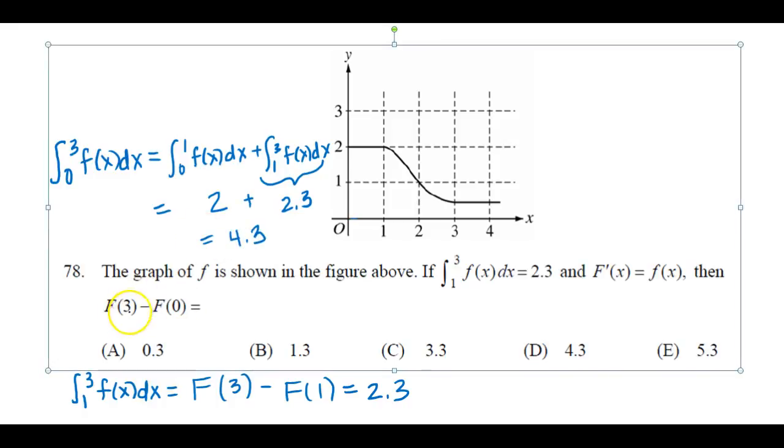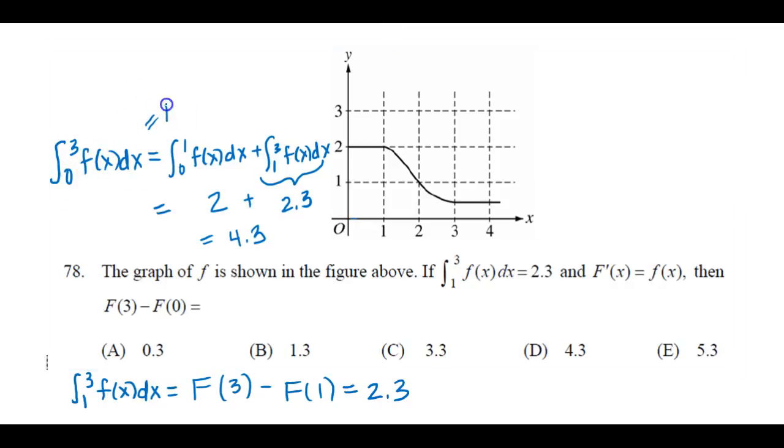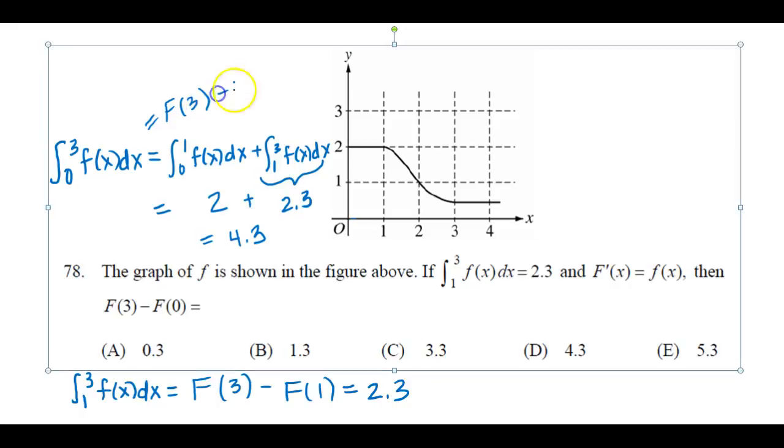When they're asking you to find big F of 3 minus big F of 0, it's really going back to your knowledge of the fundamental theorem of calculus, because the integral from 0 to 3 of little f of x dx is the same as big F of 3 minus big F of 0. So the answer here is 4.3, and it really combines your knowledge of two things: the fundamental theorem of calculus, part 1, and the notion that the area under a curve is what an integral represents graphically.